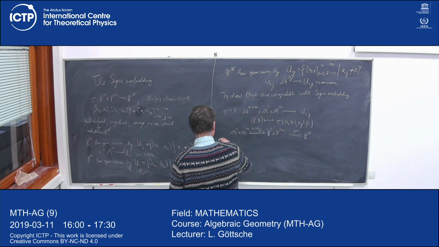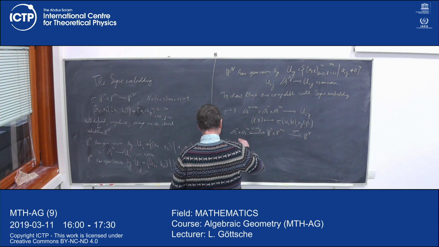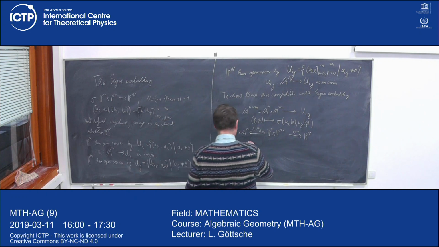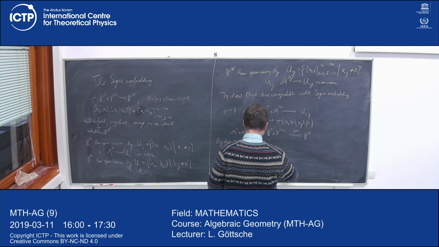So on that end, what do we see by definition? Now, if we look at the image, we take sigma intersected with U_ij. What is it?